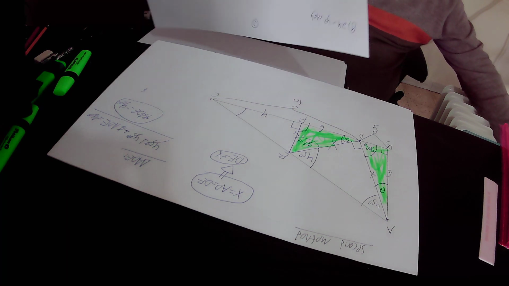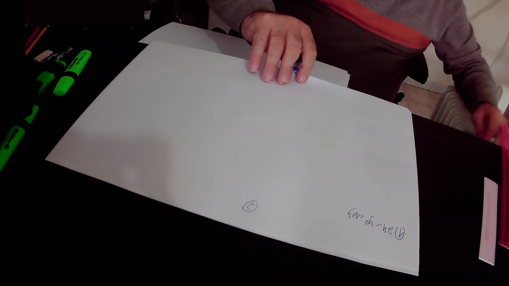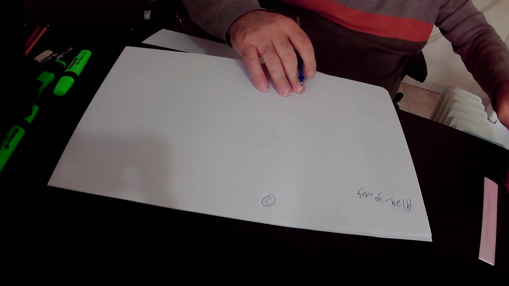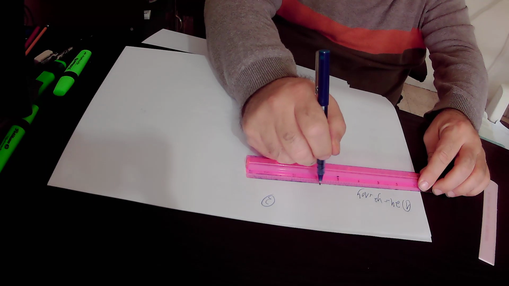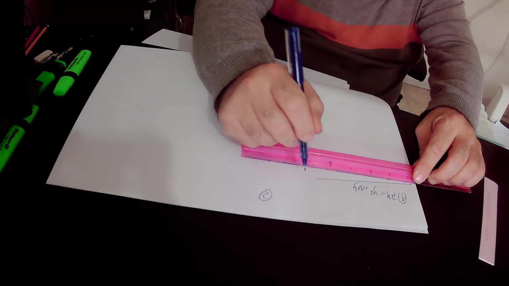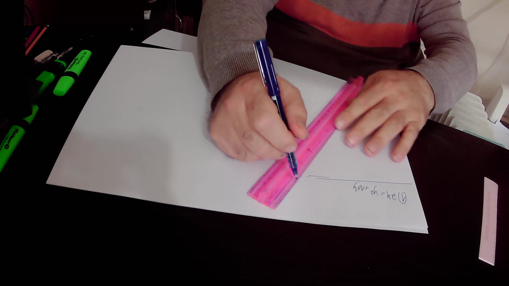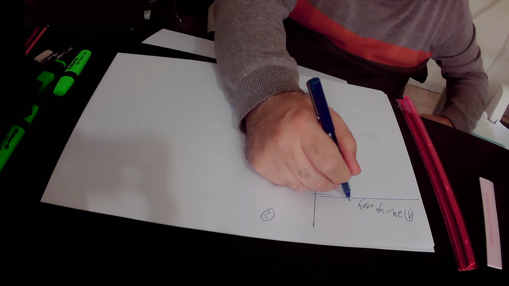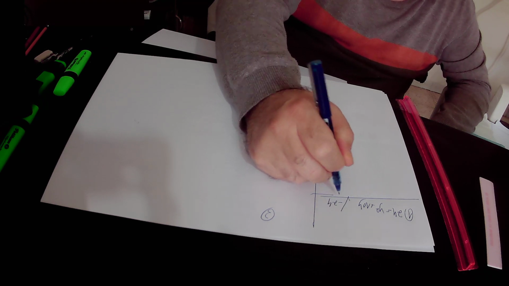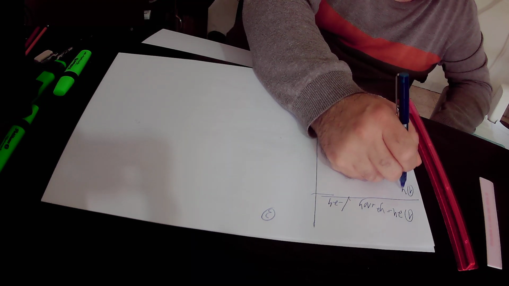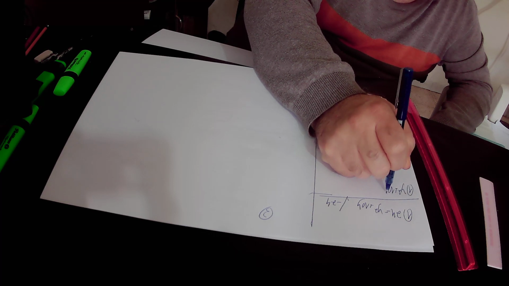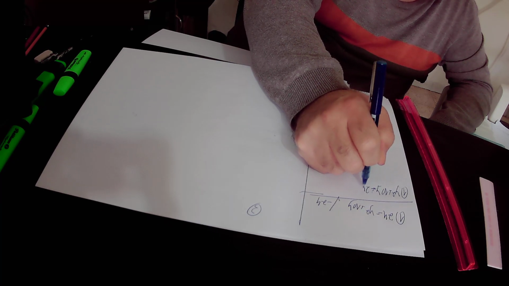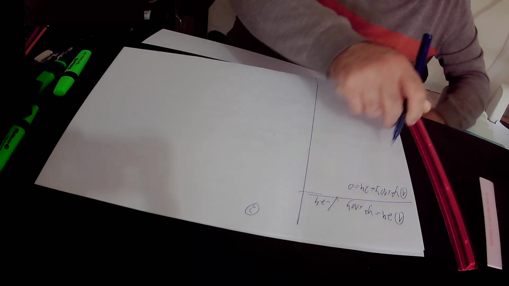So we found out that 24 equals Y squared plus 10Y. Here we subtract 24 from this equation, and we get that Y squared plus 10Y minus 24 is equal to 0.